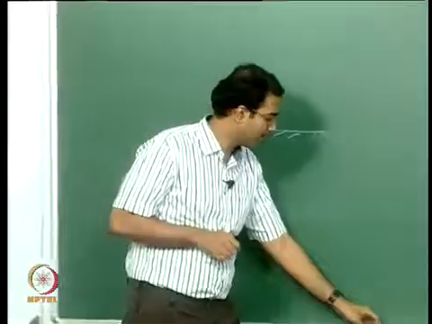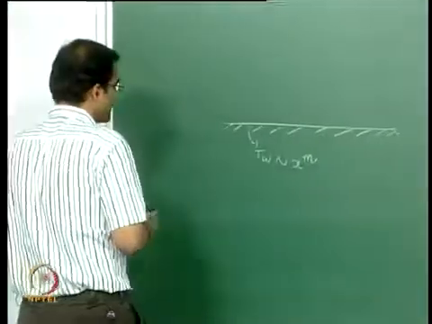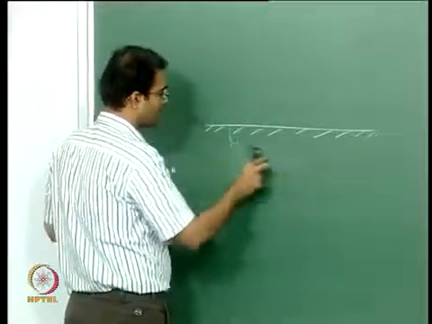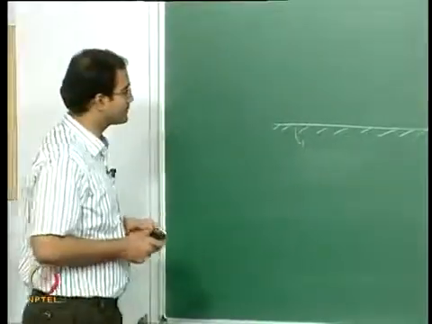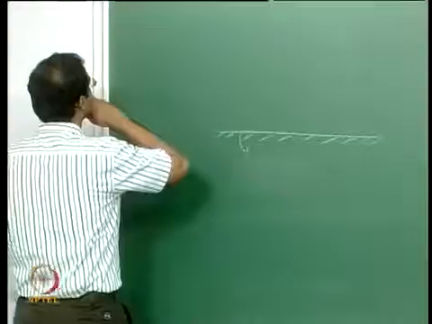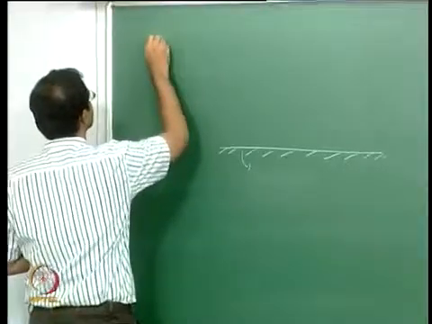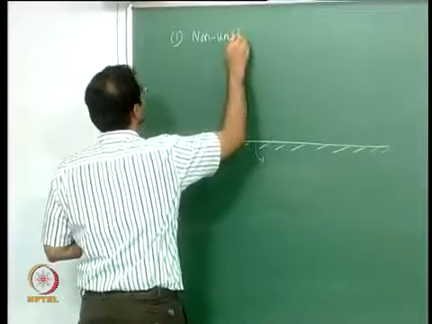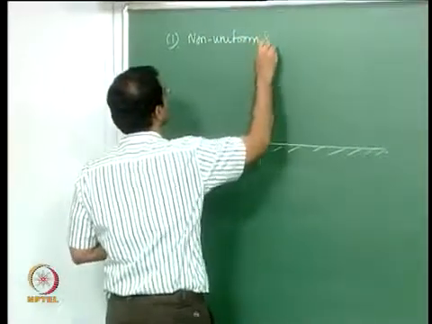Okay, so today we will look at extending the simpler approximate solutions to a case where you have more complicated boundary conditions. So the first case we are going to do is non-uniform surface temperatures.